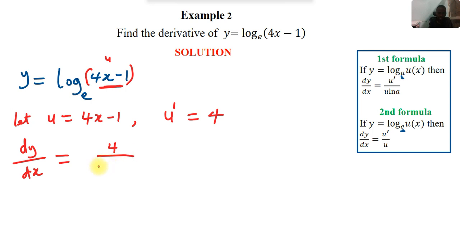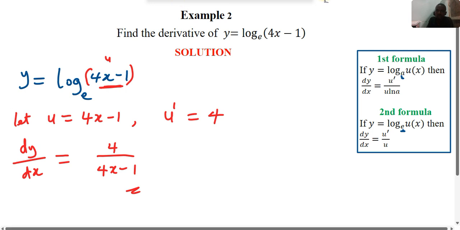What's u? U is 4x minus 1. And with that, we have concluded example 2. So that's the end of example 2. So we proceed to the third one.